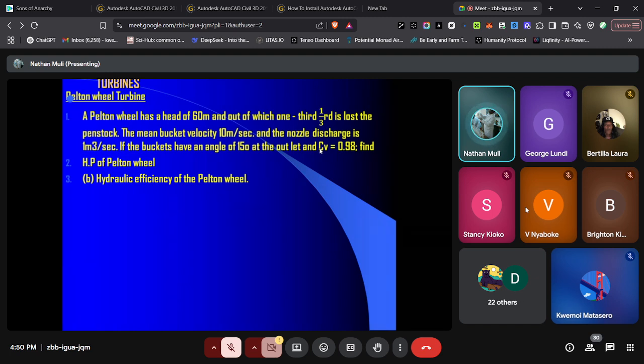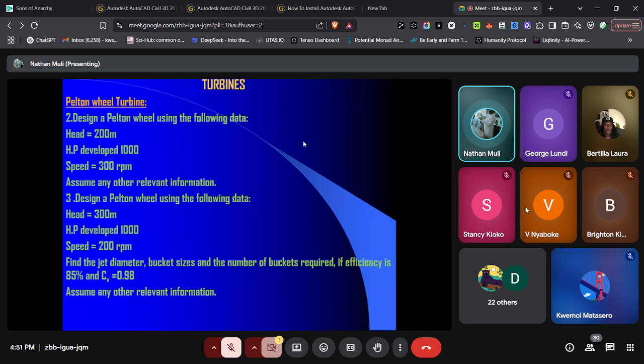The mean bucket velocity is 10 meters per second, and the nozzle discharges 1 cubic meter per second. If the buckets have an angle of 15 degrees at the outlet and Cv 0.98, find the horsepower of the wheel. That is part 1, and part 2, the hydraulic efficiency of the Pelton wheel. I write it nicely so that you can give it a try at your own time.